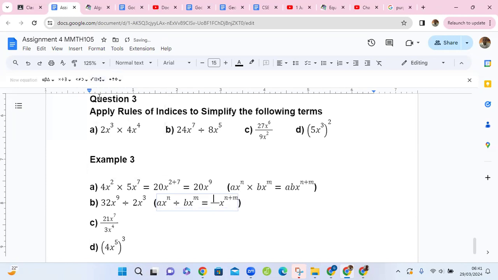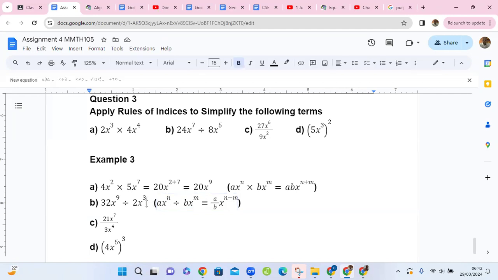So that'll be A divided by B. You maintain the base. Once the bases are the same, you maintain it, but you subtract the exponents. So the dividend, ax to the n, coefficient has to be divided by the divisor coefficients, and the exponent of the dividend has to be subtracted by the exponent of the divisor. So it's n minus n.